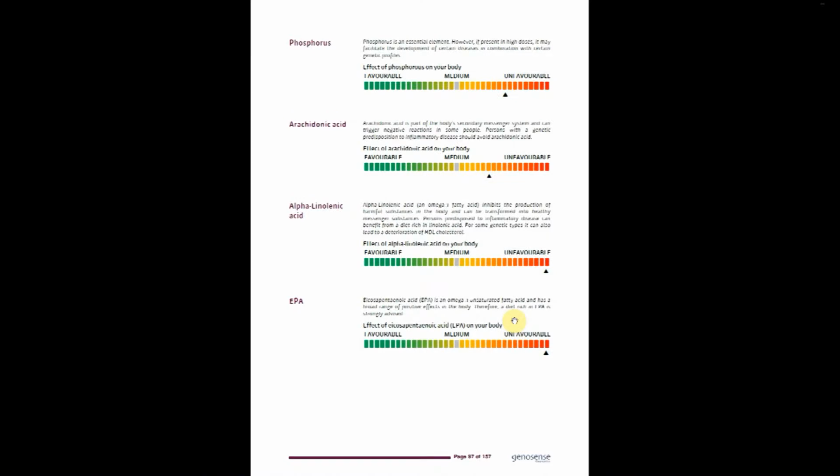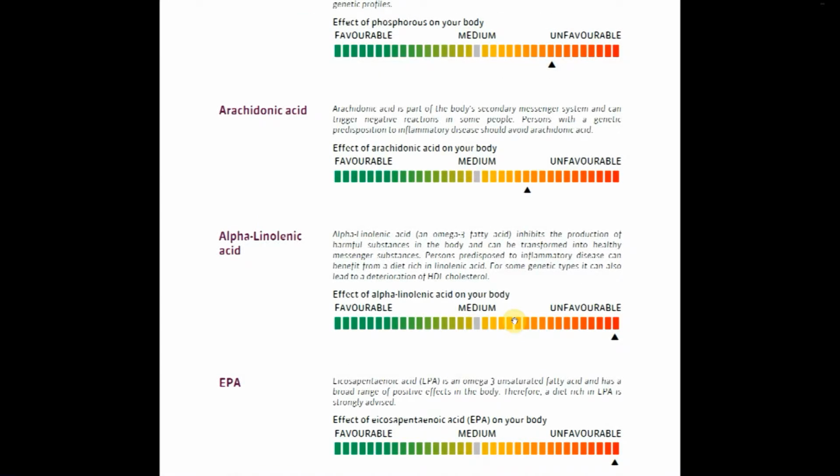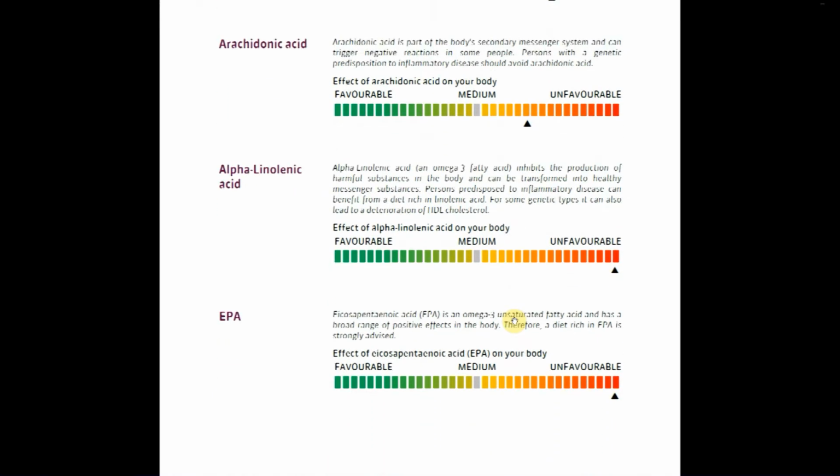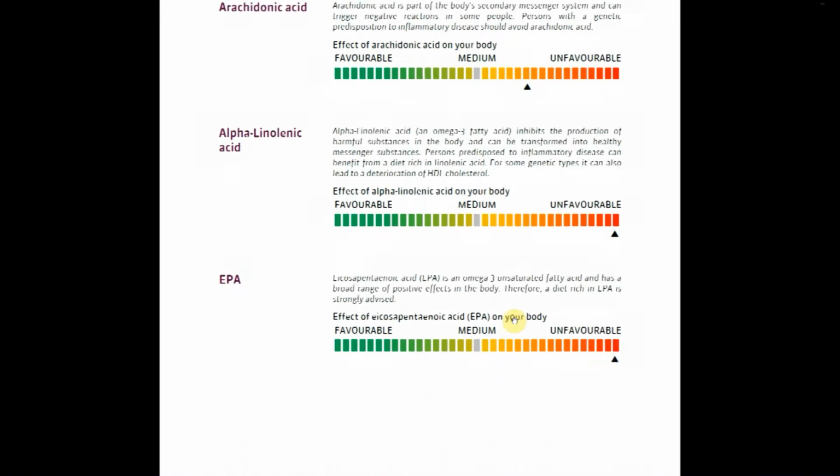Then phosphorus, which is in chocolate and in meat products, sausages and so on, is moderately unfavorable. Arachidonic acid. This is something in animal products. It increases the inflammation response of the body, is moderately bad. It might be very bad for you or normal. Alpha-linolenic acid and EPA, they are omega-3 fatty acids.